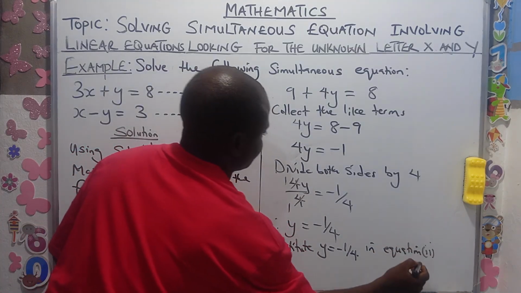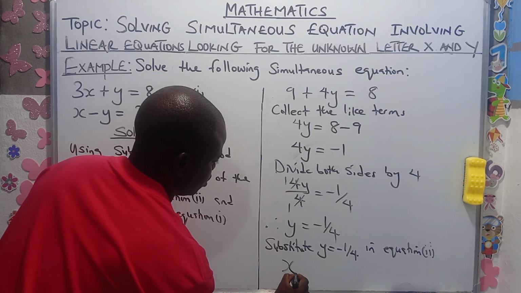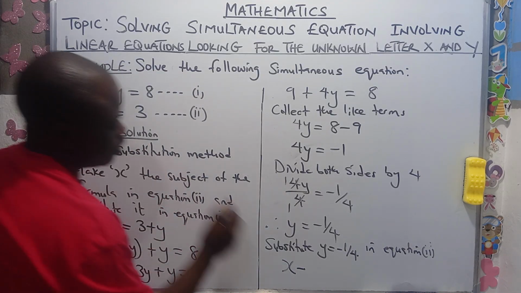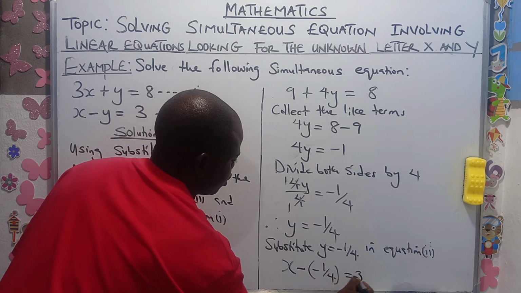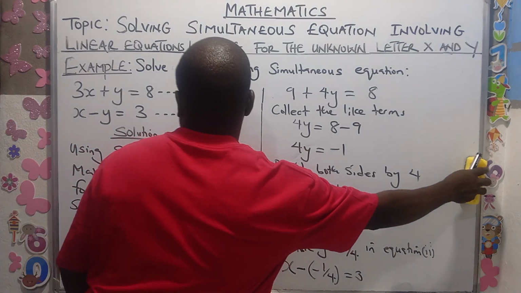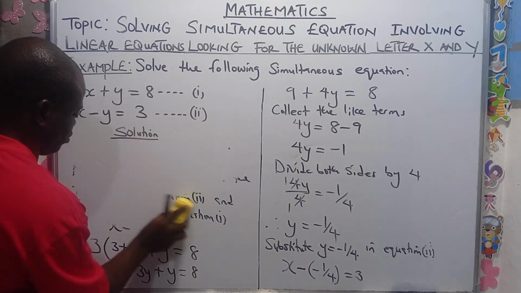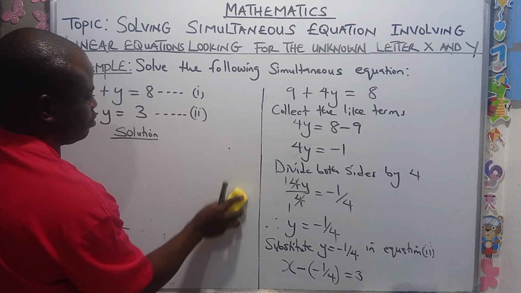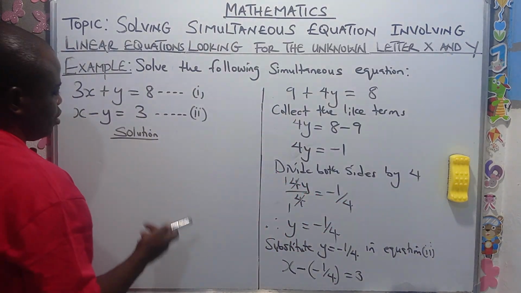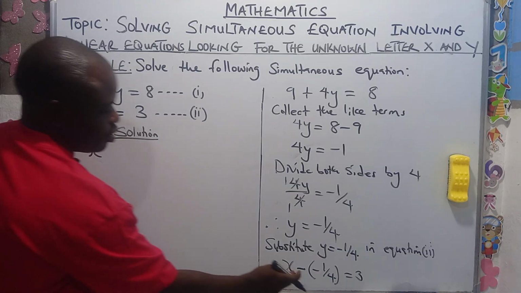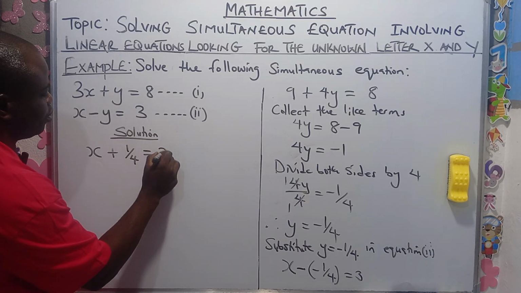When you do that, you have x minus, instead of writing y, put minus 1 over 4, close bracket, equals 3. You have x, negative and negative as positive, plus 1 over 4 equals 3.